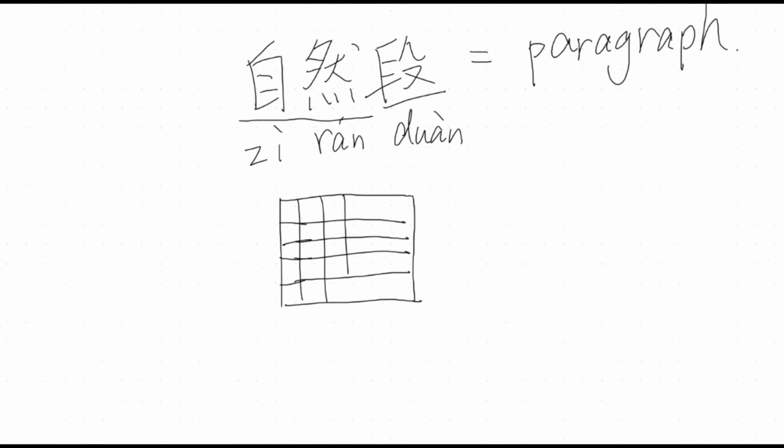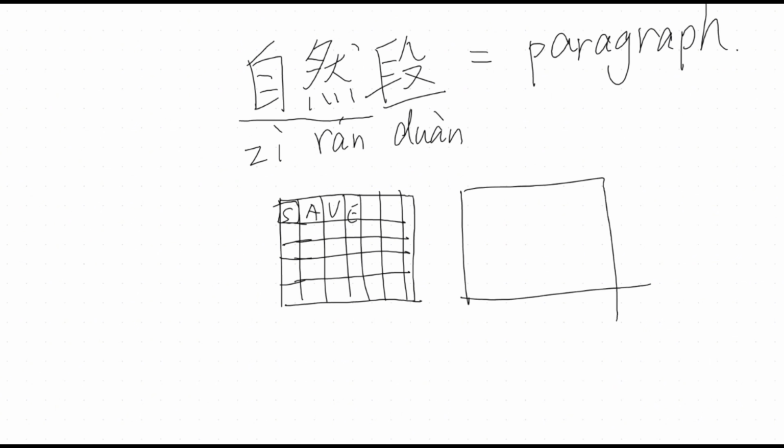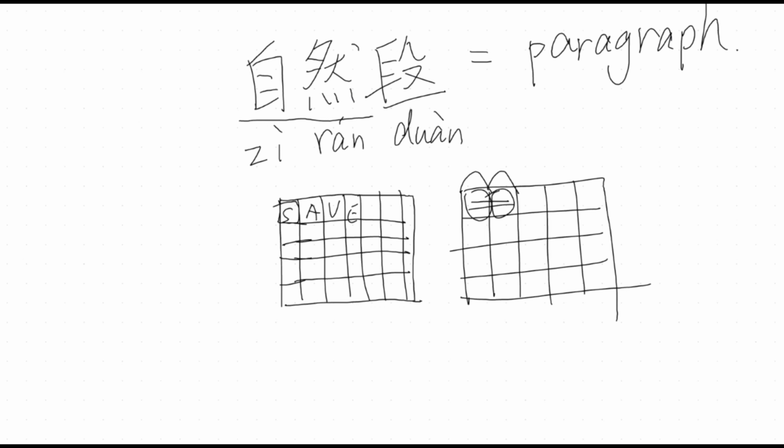So in English, you might write from the first box, but in Chinese, when you begin a new paragraph, you will leave the first two characters' space blank.